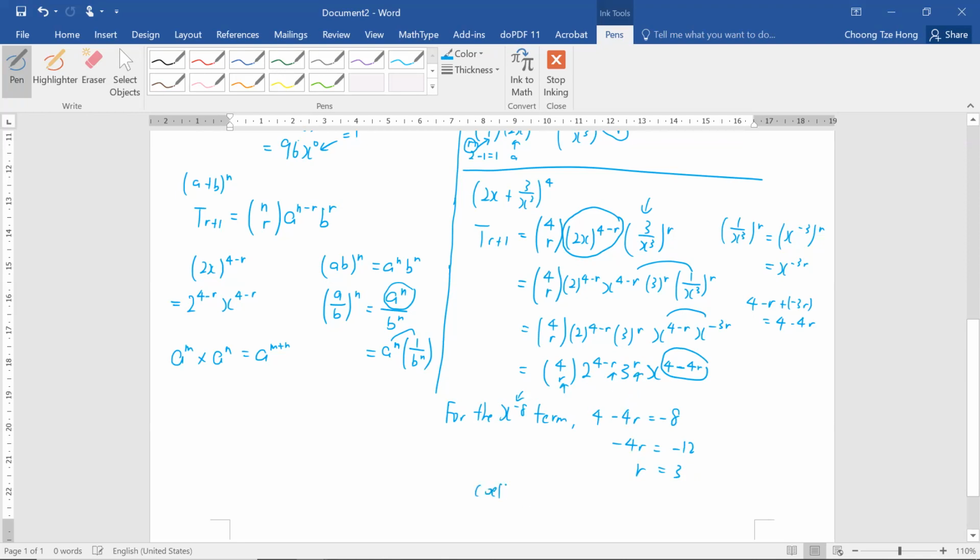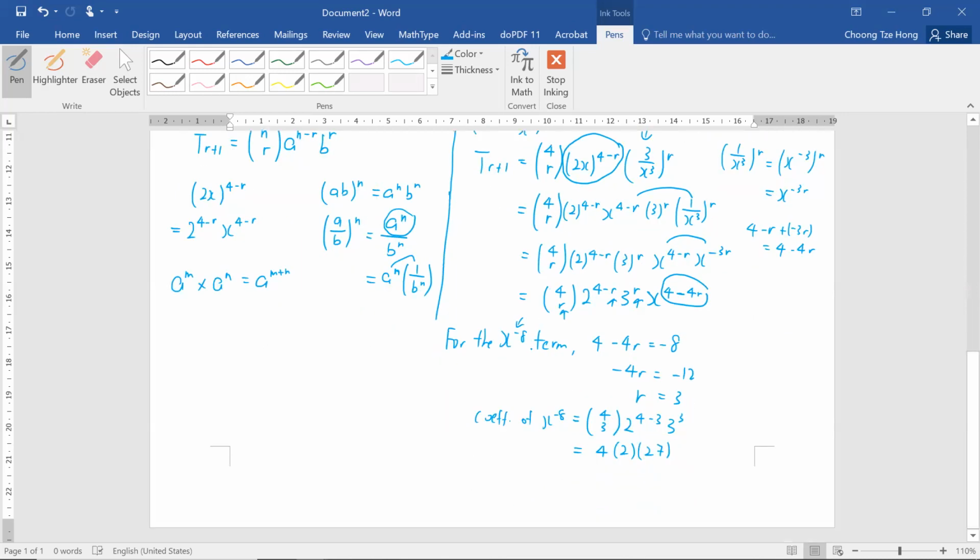So the coefficient of x to the power of minus 8 will be 4 choose 3, 2 to the power of 4 minus 3, and 3 to the power of 3. So 4 choose 3 is 4, 2 to the power of 4 minus 3 is 2, times 27. So that's where I will get my 216, right?